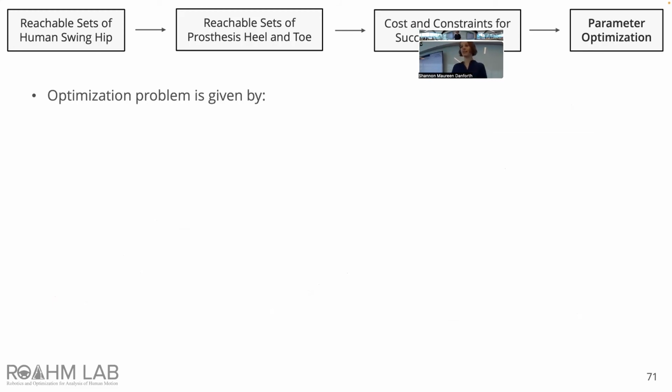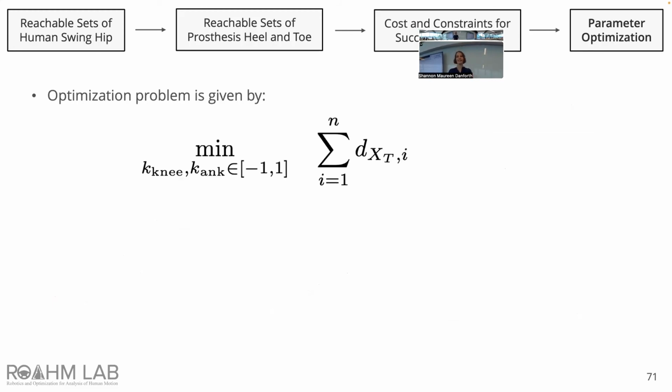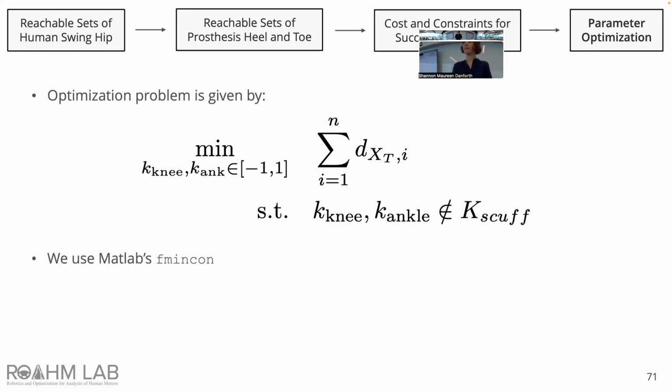The problem is given by finding K knee and K ankle that minimizes the distance outside of the target set anytime ground contact is possible, such that K knee and K ankle are not in that set of K that causes toe scuffs. And we solve this using MATLAB's fmincon because it works well with nonlinear costing constraints like the ones we have in this problem.